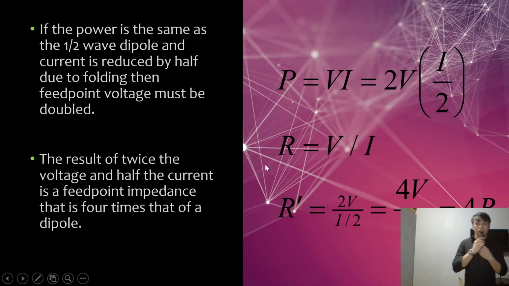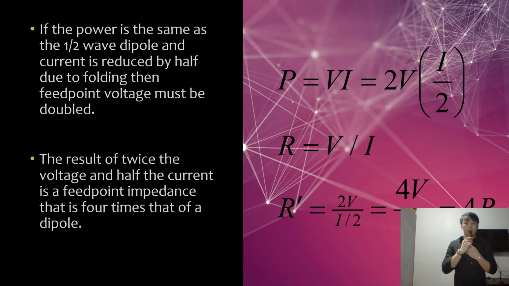So the next one, if the power is the same as the half wave dipole, and the current is reduced by half due to folding, then feed point voltage must be doubled.